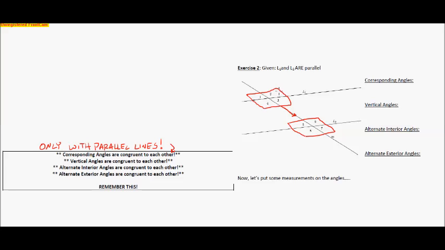So if I could do that, you'd see that angle 2 right here, and I'm going to list these over here. Angle 2 would correspond with angle 6.